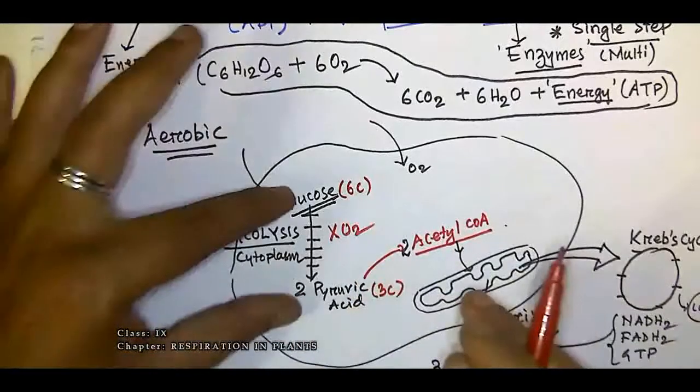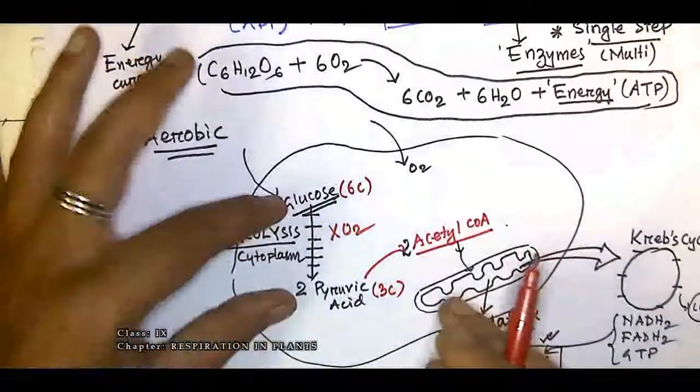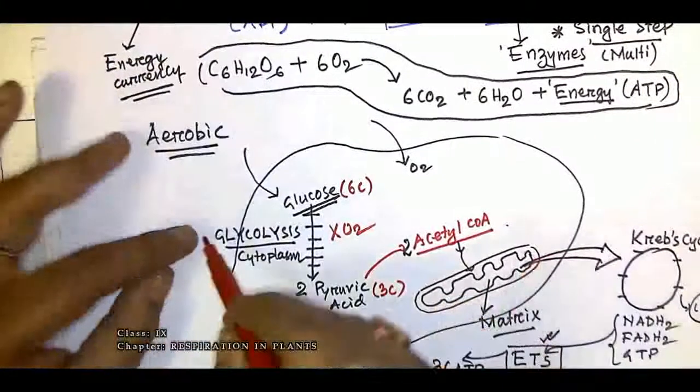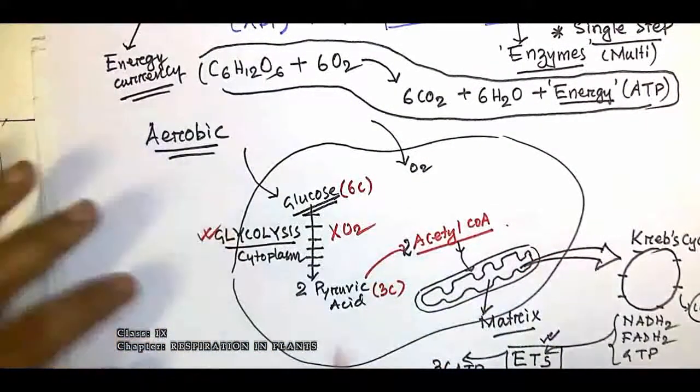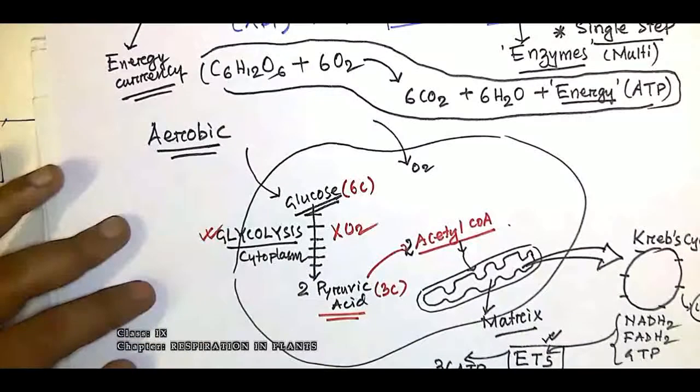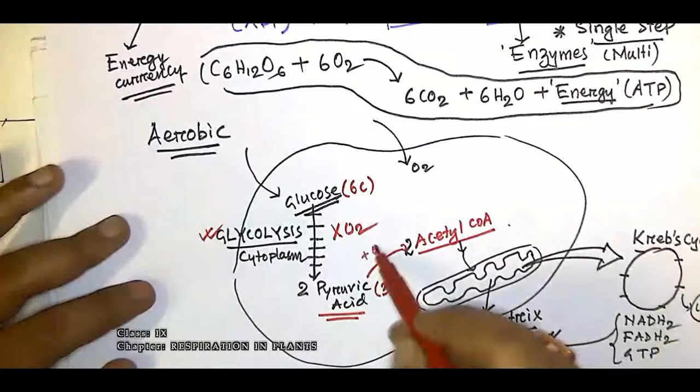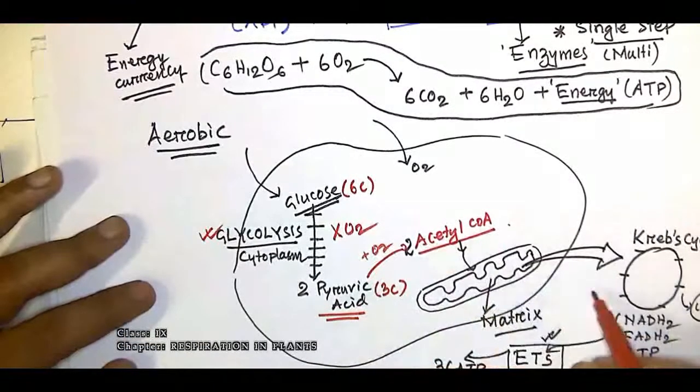So let it be aerobic respiration, let it be anaerobic respiration, glycolysis is a compulsory step. Only after the formation of pyruvic acid, if oxygen is present, then this pathway will be taken.